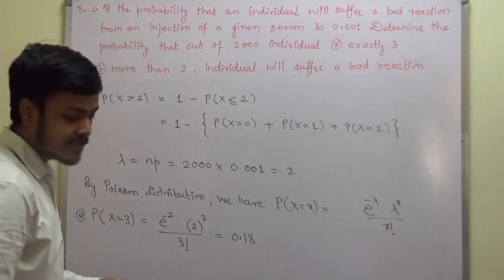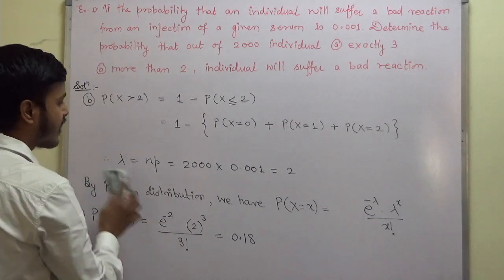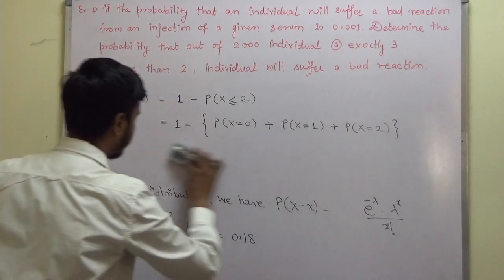So now you can just substitute these values. Lambda is 2, remember this.